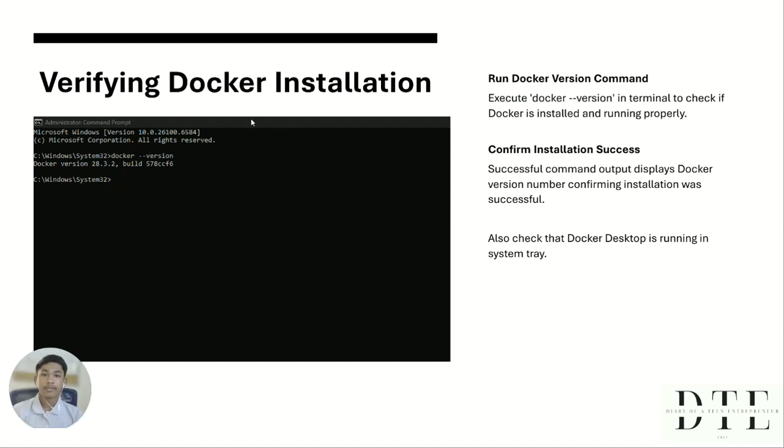Once you see a version number, you're all good, and also check the little Docker icon, which is a whale in your system tray, and it should be running. So the outcome is going to be looking something like this. Here I've typed it, then it displays the version.